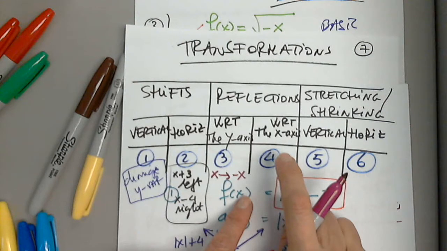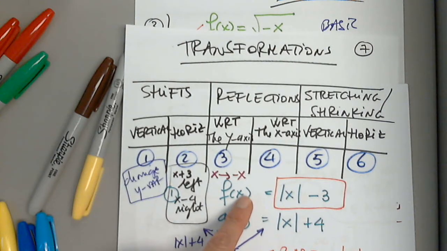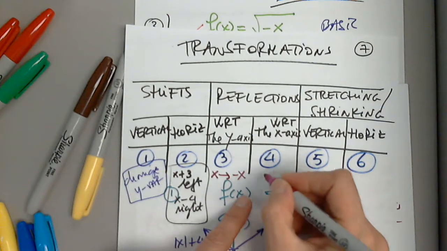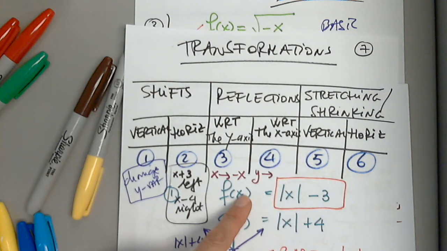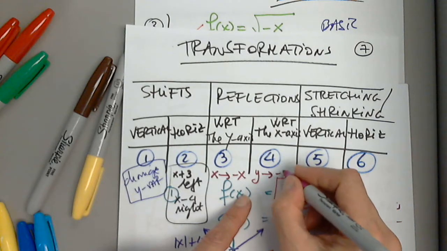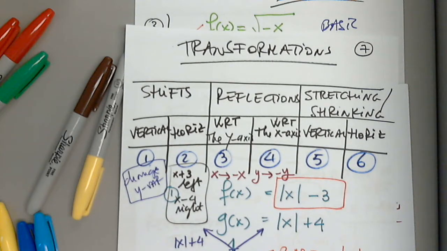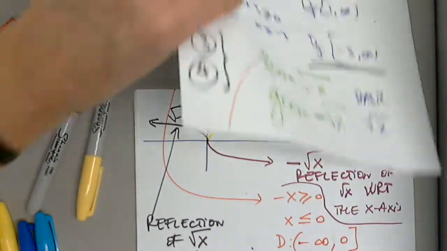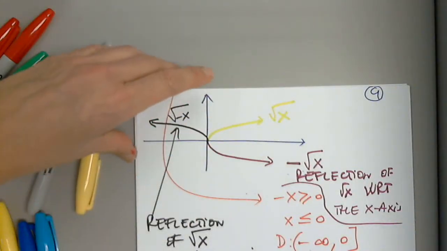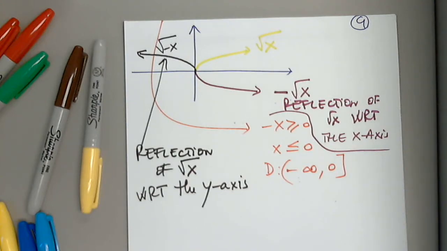Very good. Awesome. Number 4. When I want to get a reflection with respect to the x-axis, I change y into -y. So this is in short. Before we look at 5, I would like to give you an example that is a combination of several.